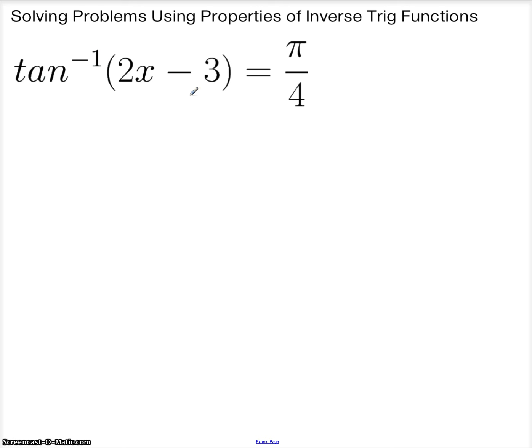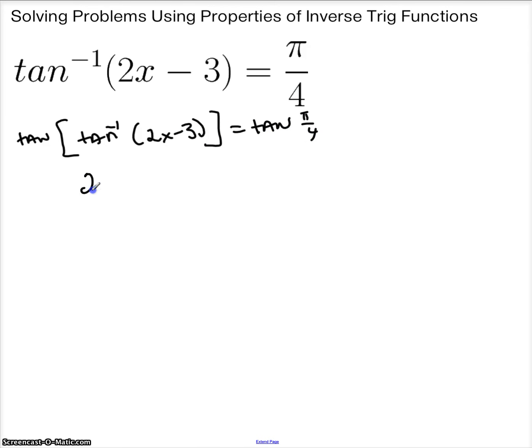Well, the first thing I'm going to do is apply tangent to both sides. So I'm going to apply tangent to inverse tangent of 2x minus 3. And yes, I want you to write this step down. Tangent of pi over 4. So this becomes 2x minus 3 equals 1. Now I'm assuming you know these, or you have your calculator and you figure them out.